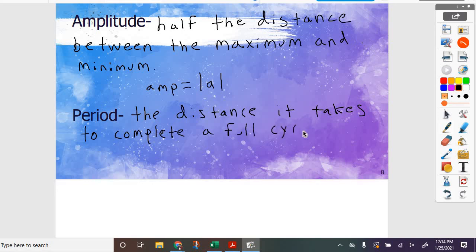So what did we say that the normal period of the graph is? How long does it take for it to repeat itself? 2 pi. 2 pi. Okay.